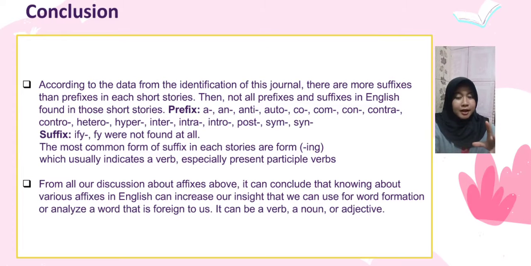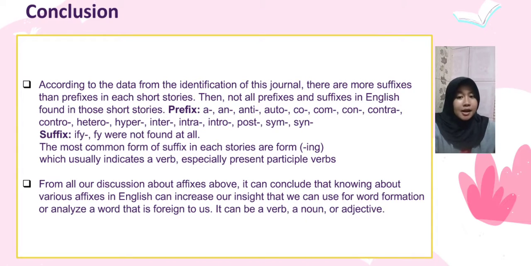According to the data from the identification in this journal, there are more suffixes than prefixes in each short story. Then, not all prefixes and suffixes in English were found in those short stories.